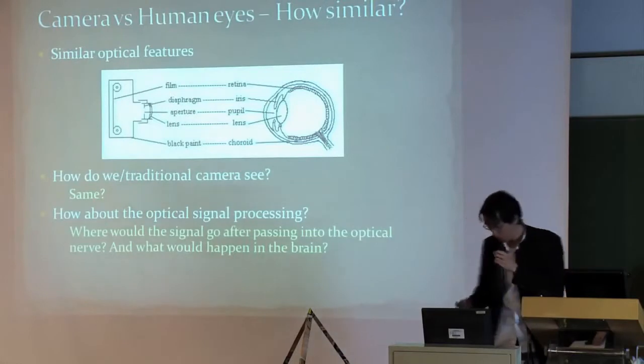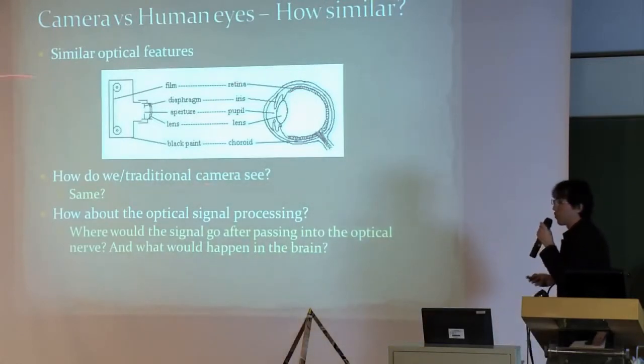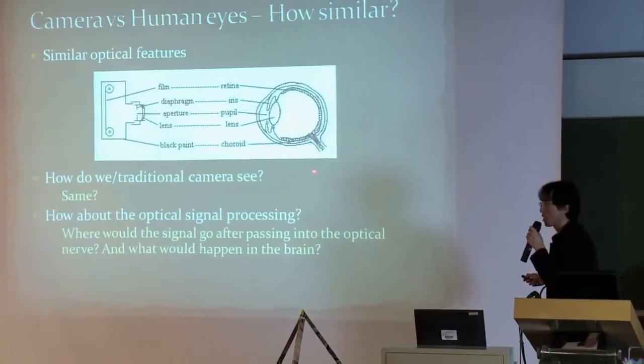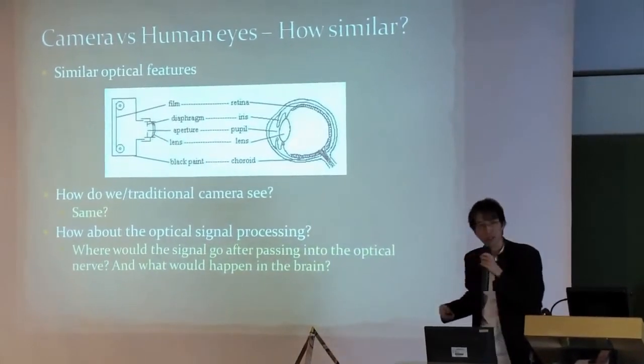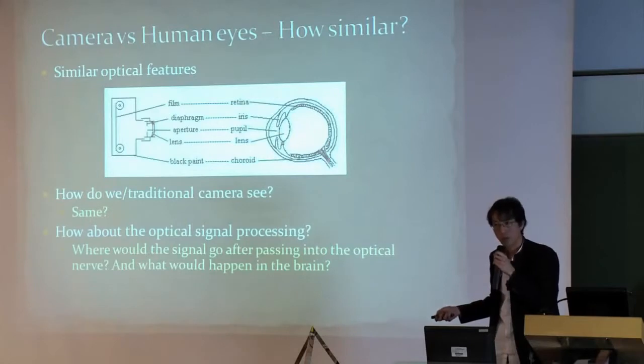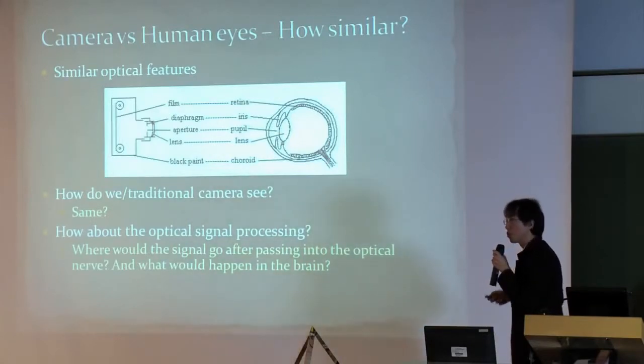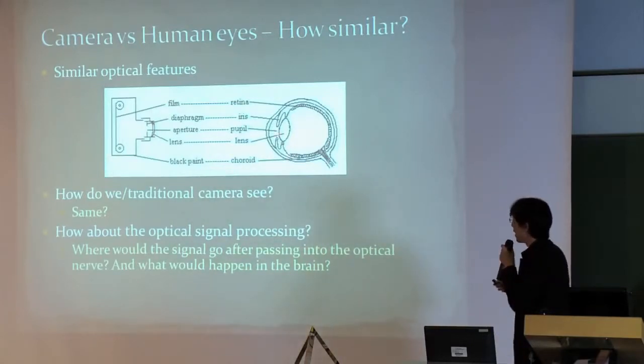I think many of you have already learned this picture in your science class. In this picture you are told that the camera works very similarly to our human eye. The lens corresponds to the lens, the diaphragm corresponds to the iris, and the film is just like the retina, which is used to collect the light signal from the surroundings.